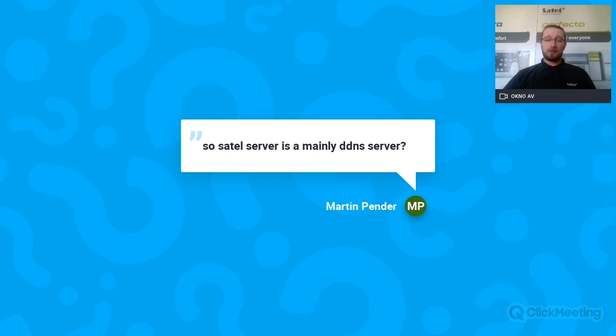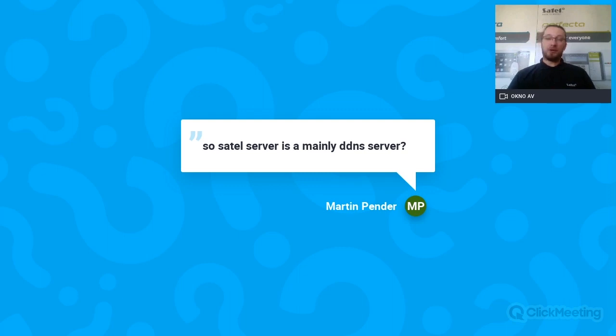Okay, I see the question about the SATEL server. No, it's not a DDNS server, because DDNS is a different solution that gives you almost the same functionality. DDNS gives you a possibility to connect to a public network with a public IP address, but dynamic.